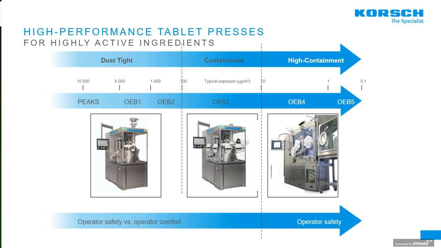The OEB3, or medium containment level, again, is a dry containment, which will get us to a range of 10 to 100 micrograms per cubic meter. And then anything less than 10, we're in a wash-in-place, a high containment execution where it's not a window, but a barrier isolator, which is surrounding the compression zone.